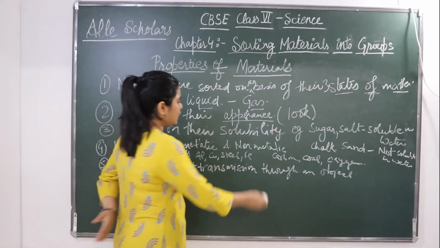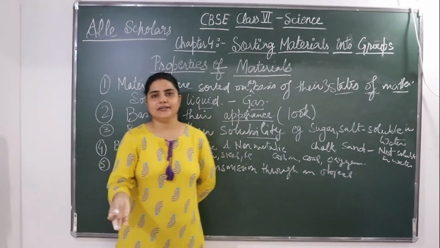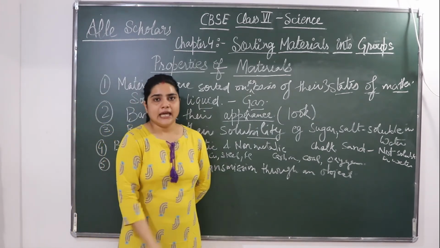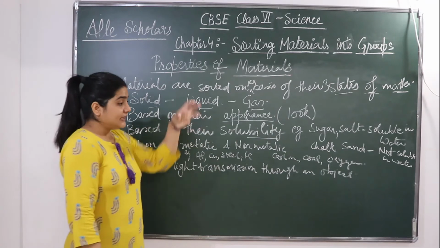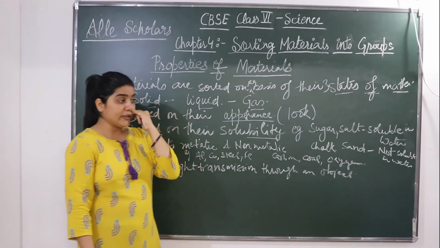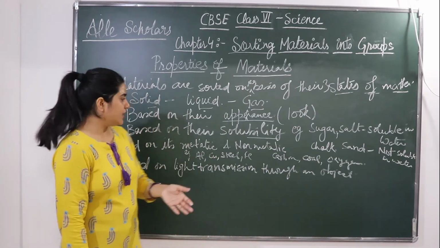Then based on their solubility can be seen whether it is soluble in water or in any other liquid or not, whether it is going to sink in a particular liquid or whether it is going to float on a liquid.